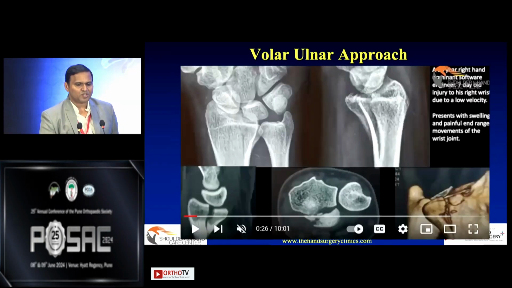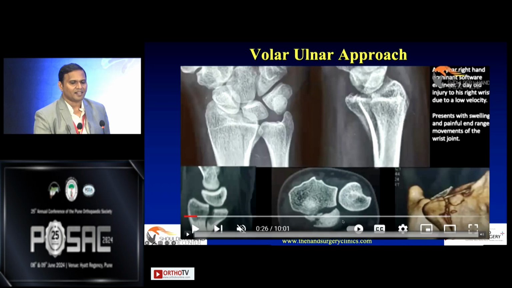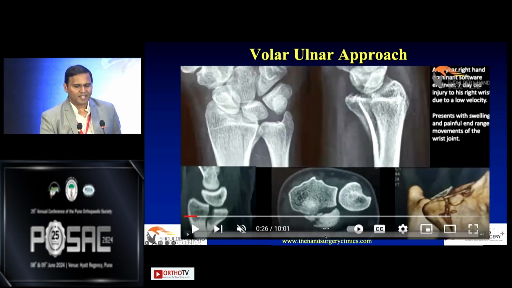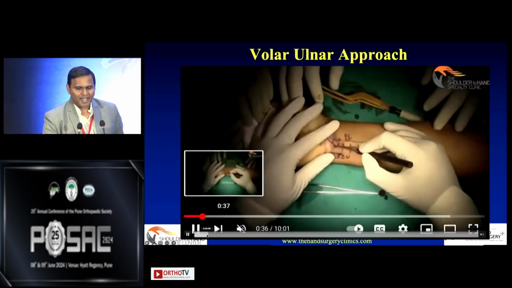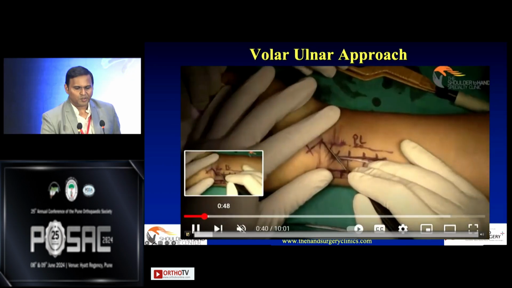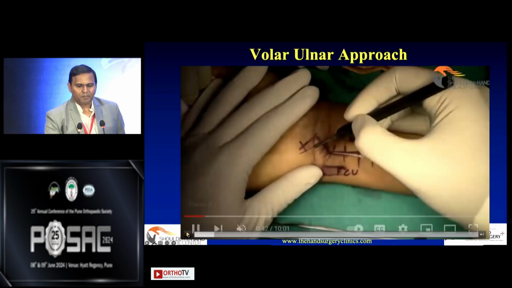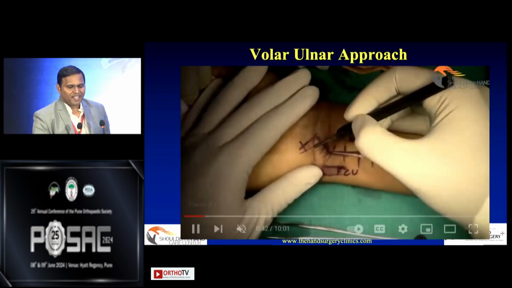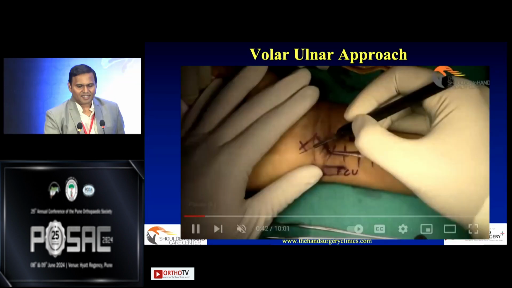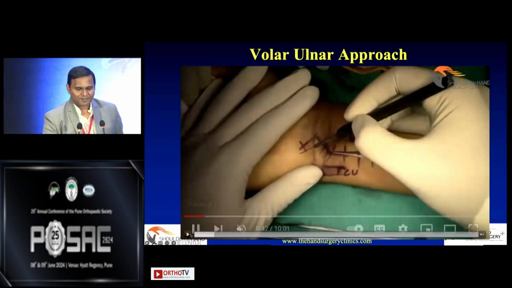The second approach that we used is the volar ulnar corner approach. It is basically used for the volar ulnar fragment fixation, isolated volar ulnar fragment fixation. In this, the exposure is between the FCU tendon medially and the PL, FDS and FDP tendons laterally.